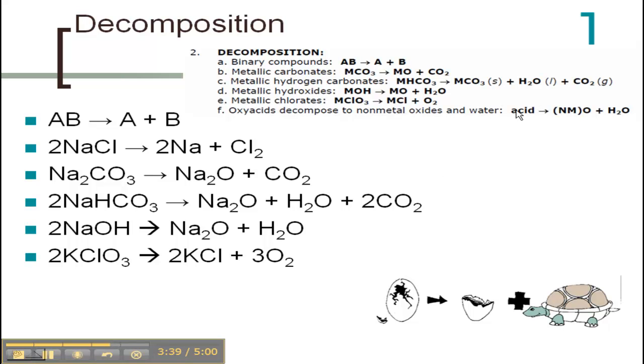And when you have an acid that has oxygen in it, it's going to break down into a nonmetal oxide and water. So for example, carbonic acid would break down into carbon dioxide and water. So with these, you have to identify what your ion is, basically your anion, and figure out which type to predict the product.